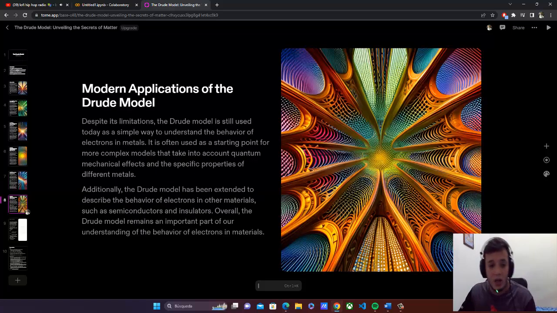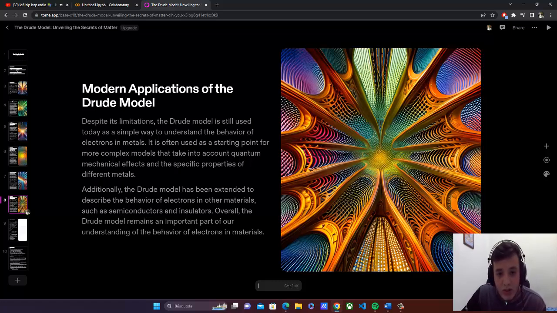And now we talk about more applications of the Drude model. Despite its limitations, the Drude model is still used in various modern applications in materials physics and electronic engineering. Some of the notable applications include electronics and semiconductor devices.